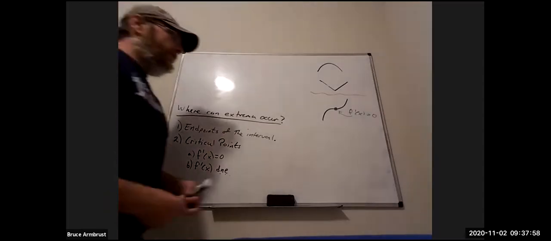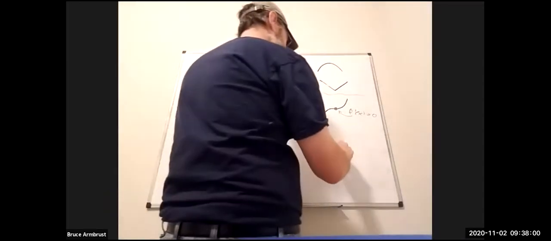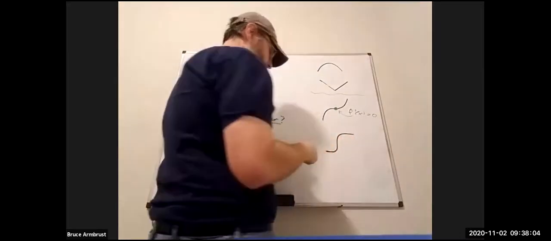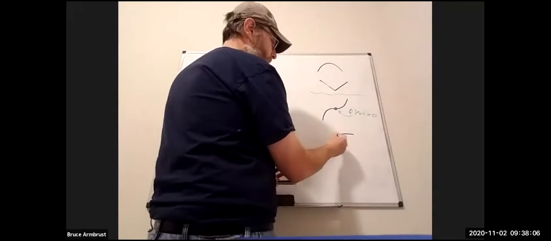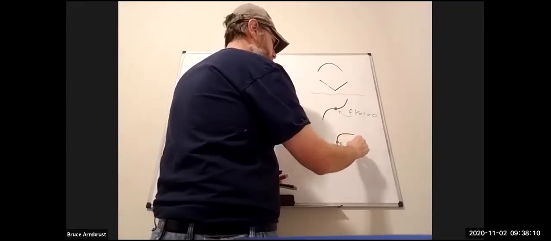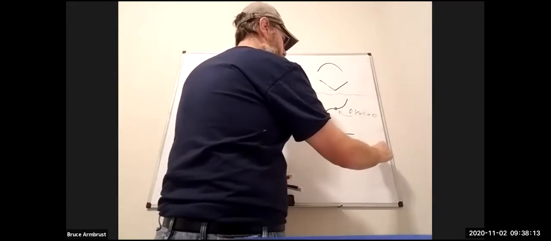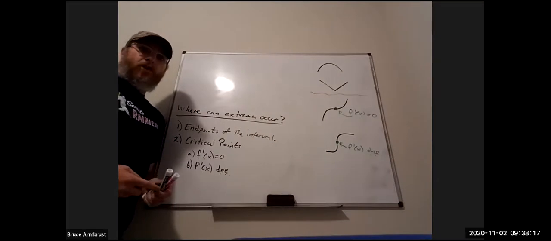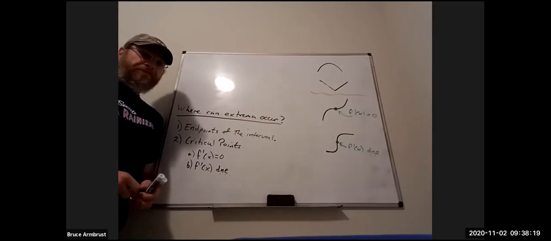And you can also have a derivative that's non-existent. That does kind of the same thing. Doesn't lead to an extreme. So this would be this point right here. That one, the derivative doesn't exist because we have a vertical tangent line.